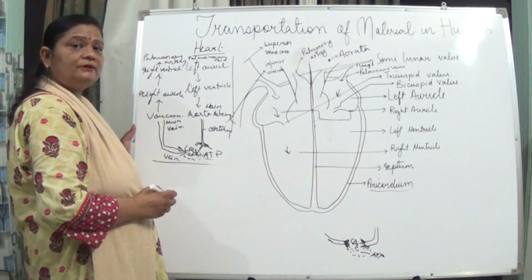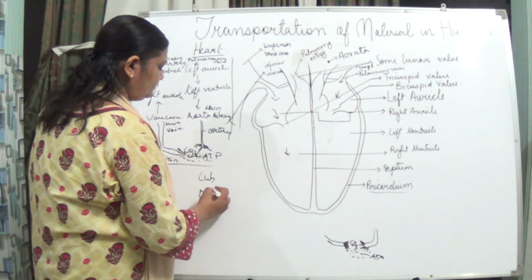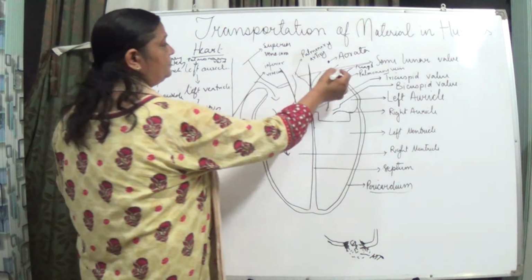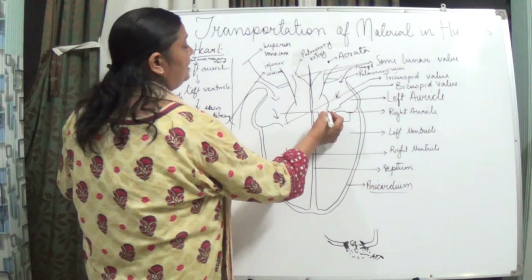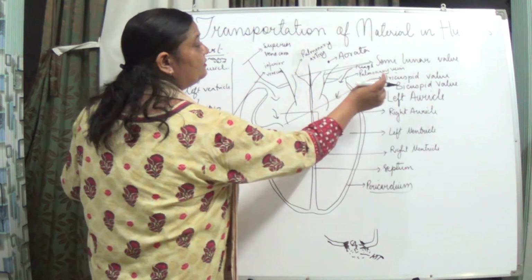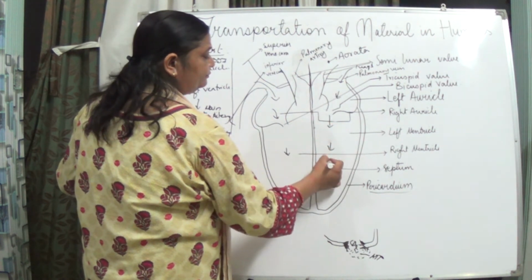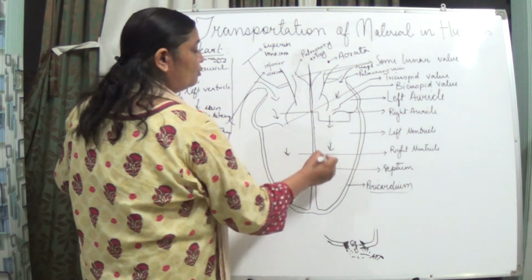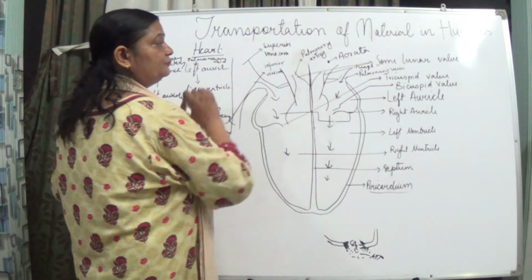Okay, now coming to the words lub and dub. What are these? Here, the blood is entering from the pulmonary vein to the left auricle. The bicuspid valve gets open and the blood moves on to the left ventricle. At that time, what is closed?